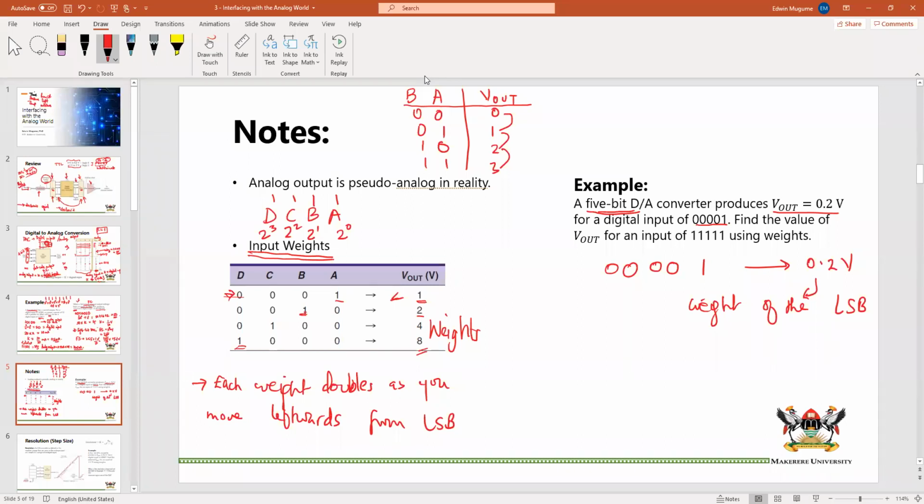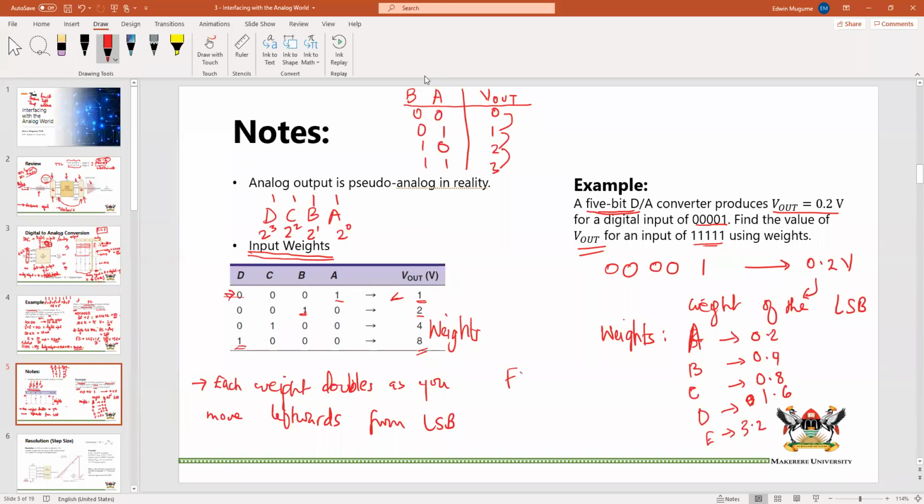Good. Now find the value of V out if we have an input of 1, 1, when everything is 1, 1. In other words, that's full scale. So we can say that the weight of bit A is 0.2, B will be double, 0.4, C will be double that, 0.8, D will be double that, which is 1.6, and E will be double that, which is 3.2.